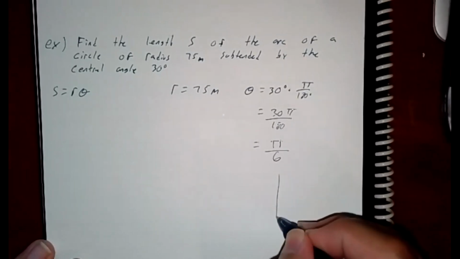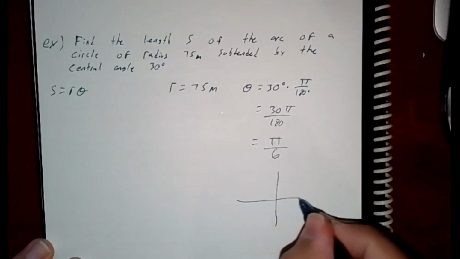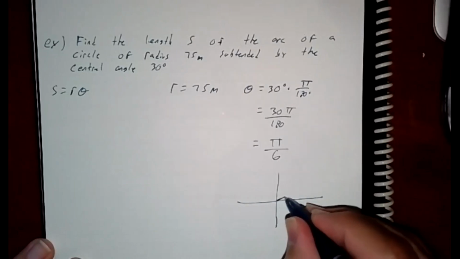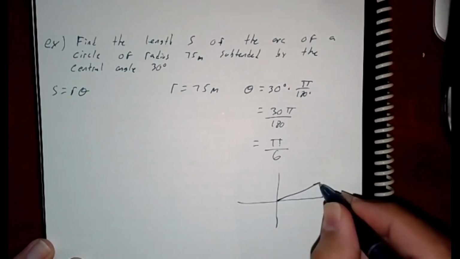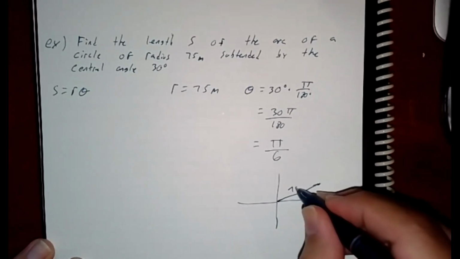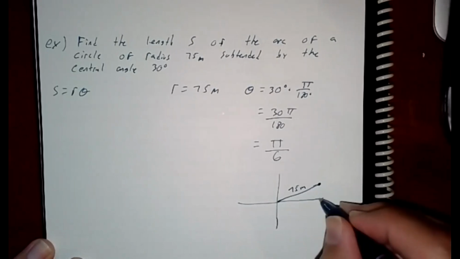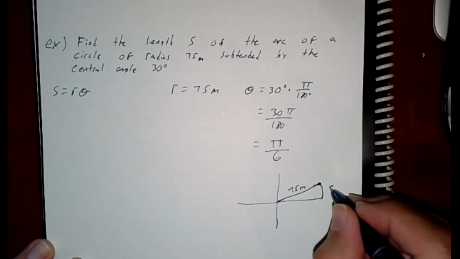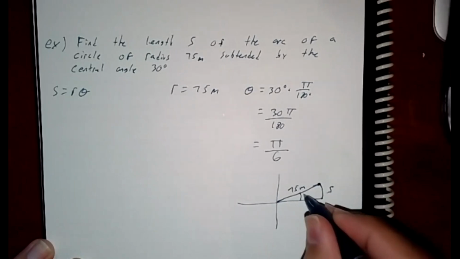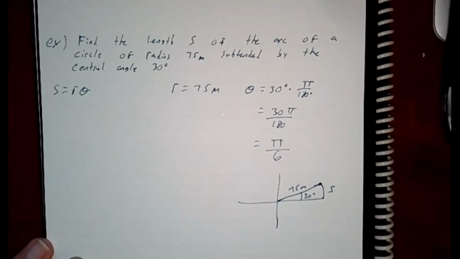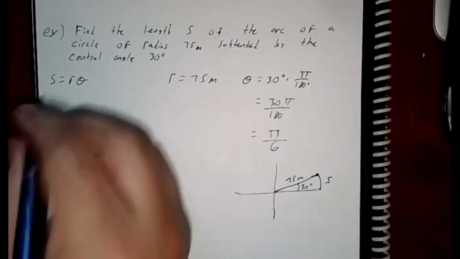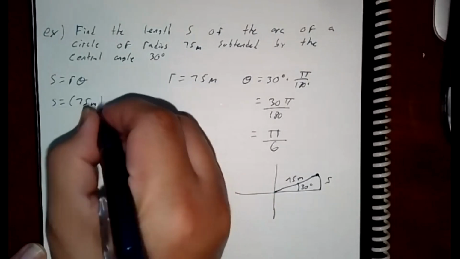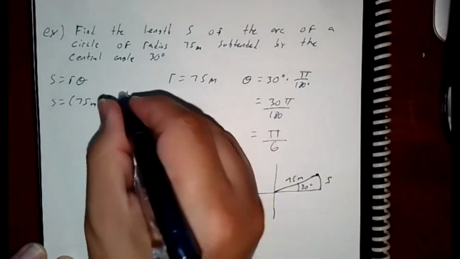And visually, just so we have the picture, we have 30° is about right here. So we're going out 75 meters. Now we want to know how far did we arc? What is S? Okay, so S will be equal to 75 meters times pi over 6.